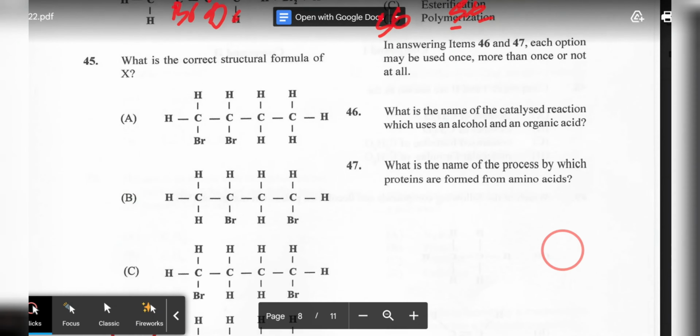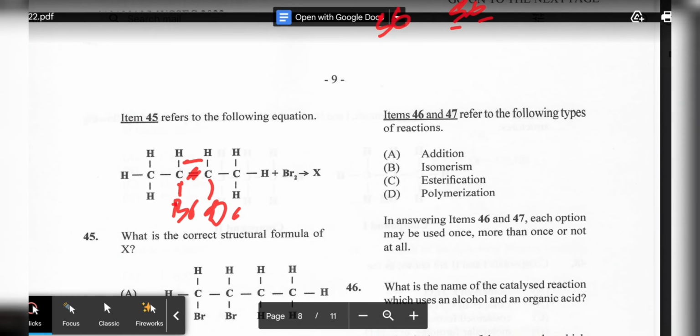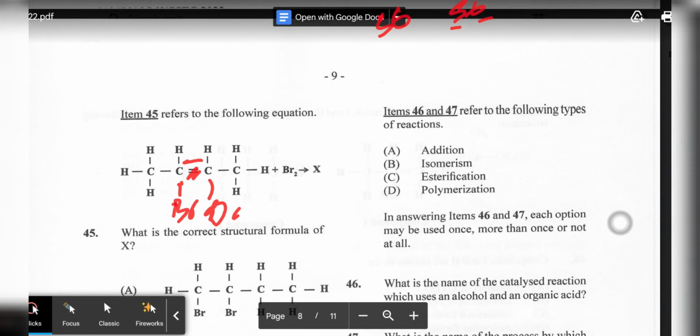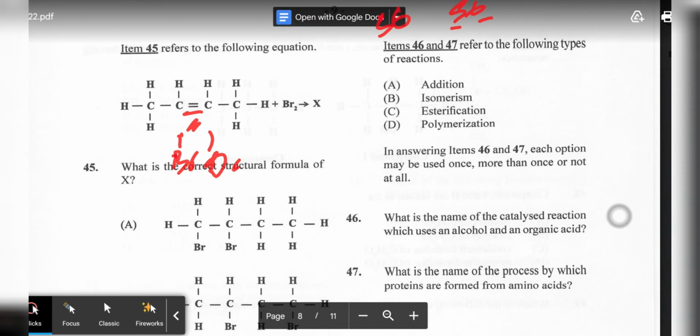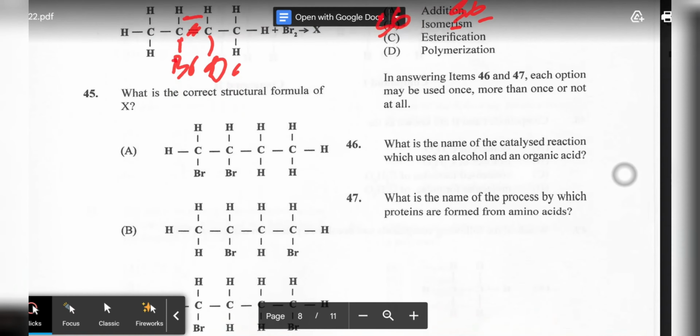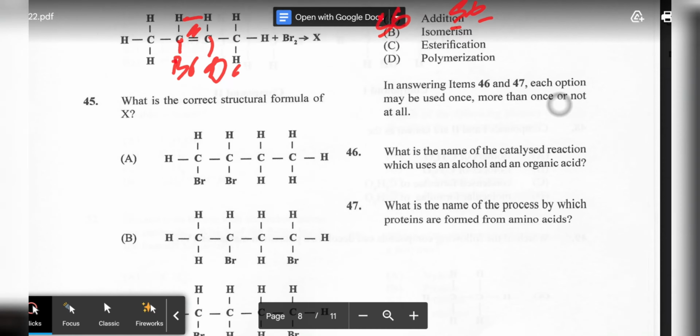So next question, 46. Items 46 and 47 refer to the following types of reactions. Okay. Addition, isomerism, esterification, and polymerization. In answering items 46 and 47, each option may be used once, more than once, or not at all. What is the name of the catalyzed reaction which uses an alcohol and an organic acid? So if an alcohol and an acid are reacting, then we know that is actually esterification.